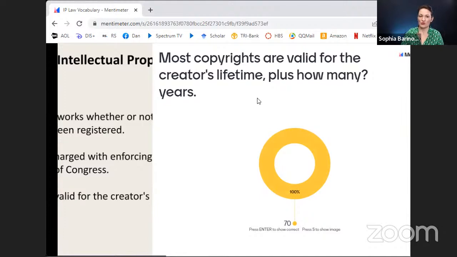The questions arose during the previous questions. First of all, can a description of a concept be protected by copyright? Lisa is asking, can a description of a concept be protected by copyright?